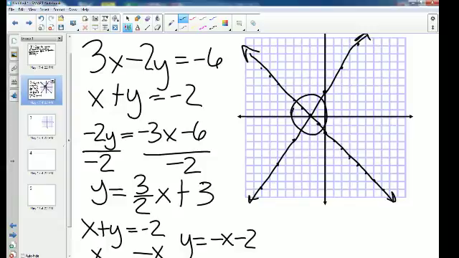They intersected at -2, 0, so -2, 0 is the solution to the system.